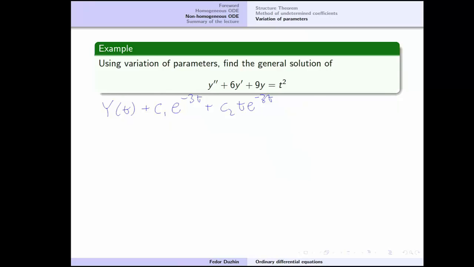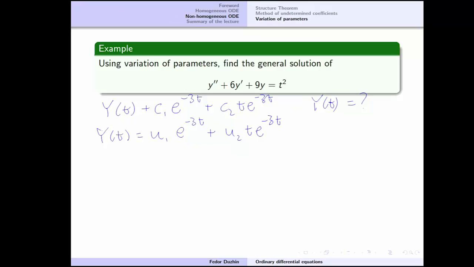And basically we are now looking for the particular solution of the non-homogeneous equation, and we are looking at it in the form where y of t is some function u1 times e to the minus 3t, u1 is a function of t, plus some other function u2 times t e to the minus 3t.